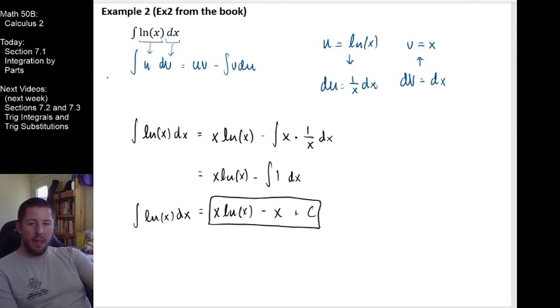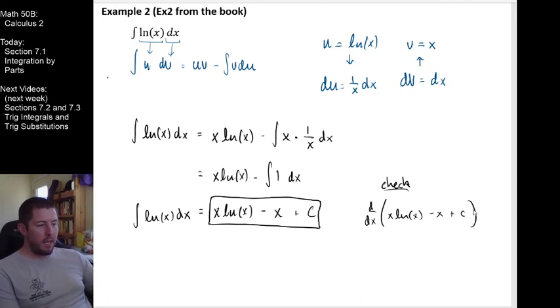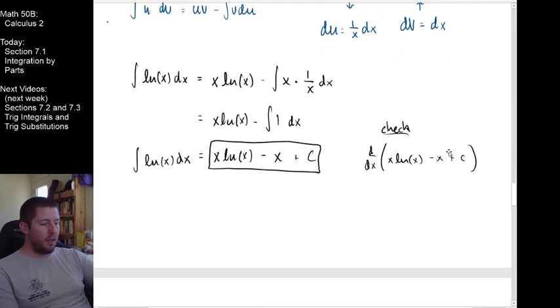But it turned out that this technique gave us an incredibly simple integral as our replacement integral for natural log of x right there. And with all these ones today, I think we should check it right here. Our derivative of x ln x minus x plus c, again, plus c, I don't even know why I'm including it there. It obviously goes to 0.